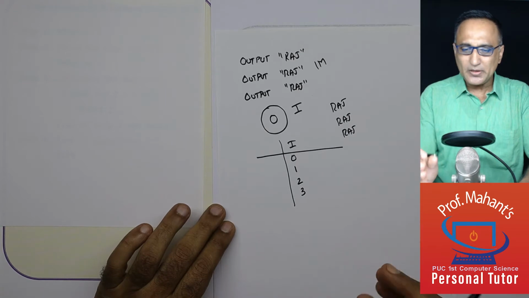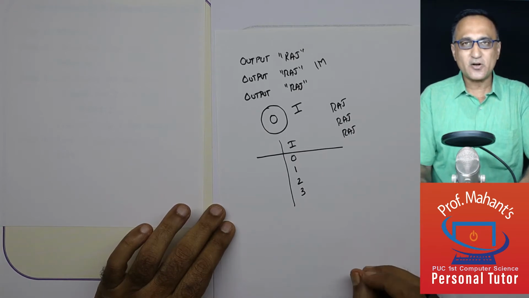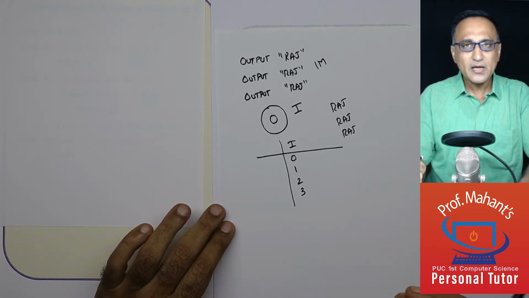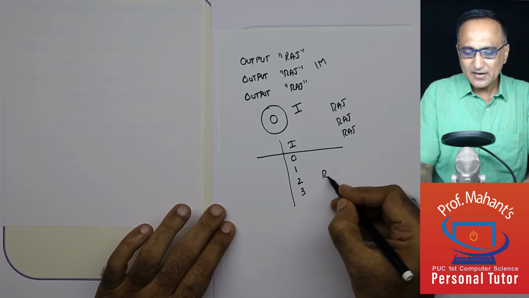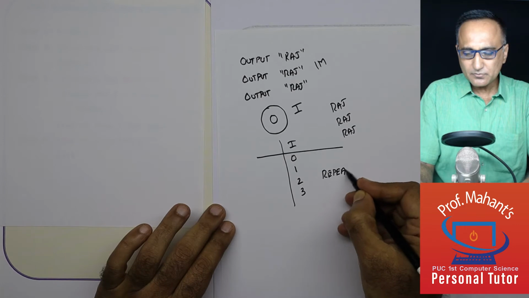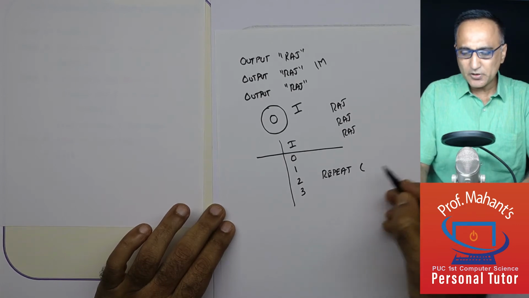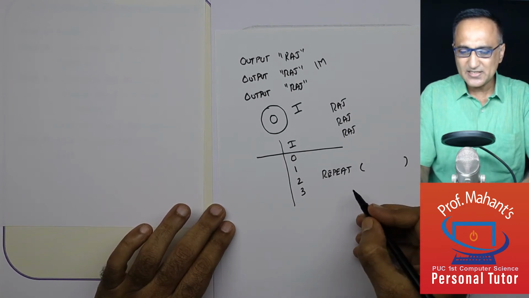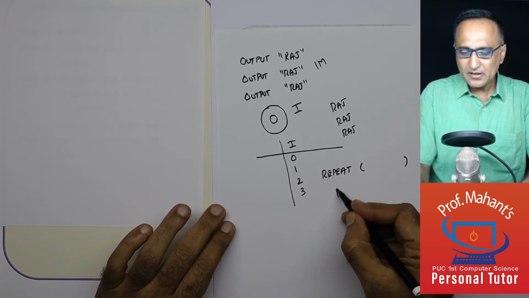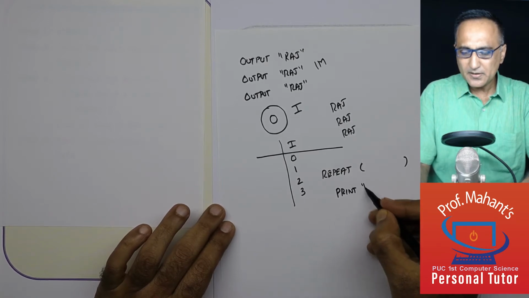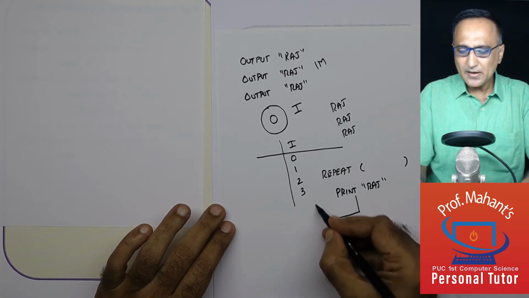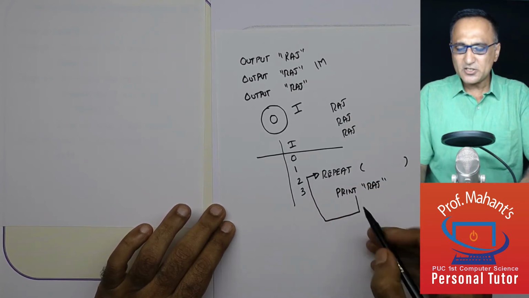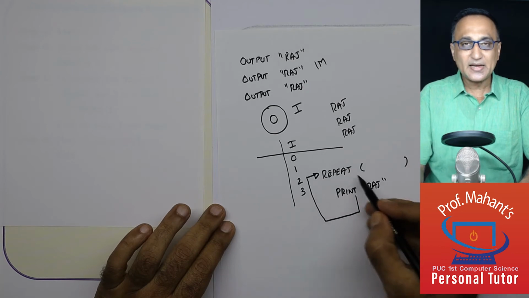Now let's try to create a small piece of logic around this where a name can be printed endlessly. So what I'll say is repeat. Okay, I'll put the condition something here. Let's leave it as it is. I'll say repeat print Raj. After I print Raj, I keep doing this again and again.